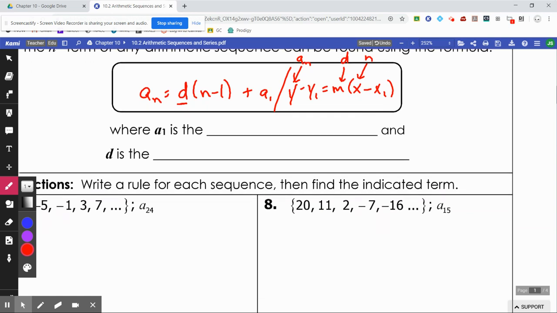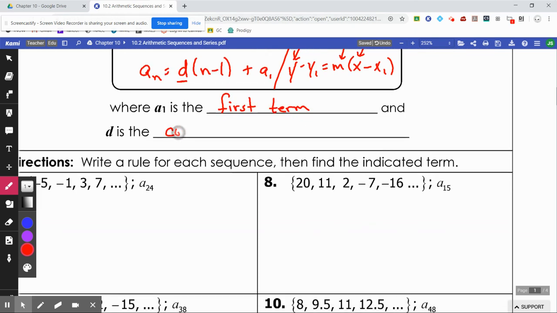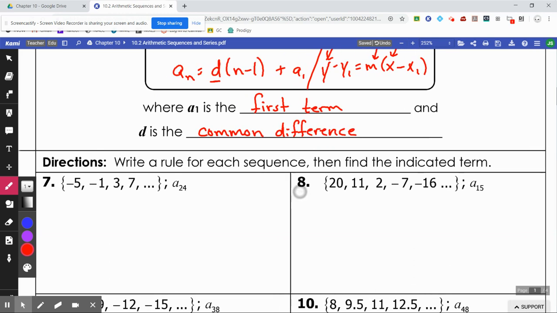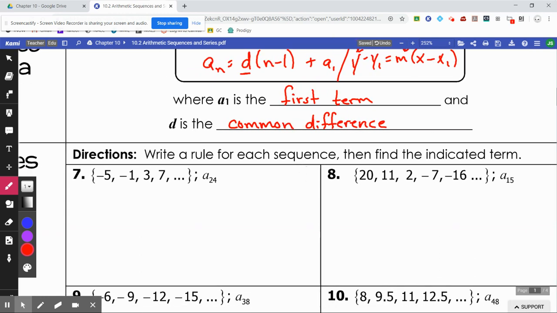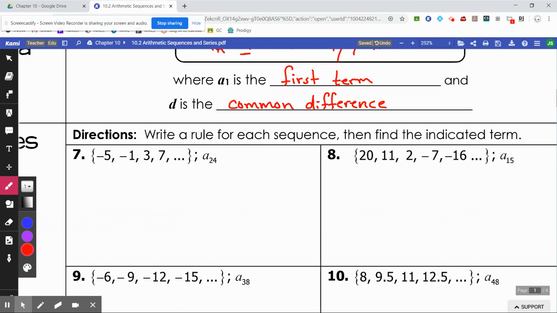In their formula, the a sub 1 is the first term, and d is the common difference. Now, their method is easy, but the problem is you've got to remember a new formula. That's the reason I like the y minus y1 equals m times x minus x1. It's the point slope formula. You've already memorized it. So we will show you their way.